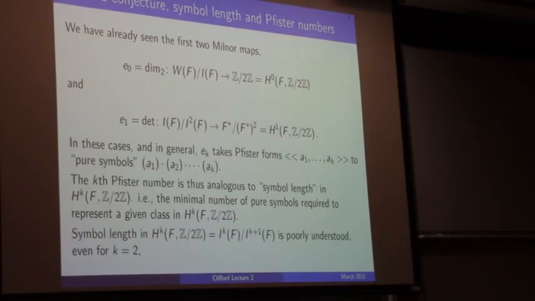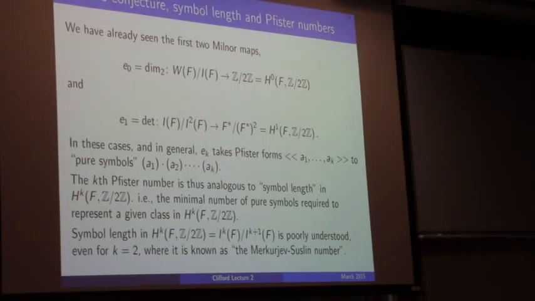So symbol length is poorly understood, and to give you an example of how poorly, even for k equals 2, I had a very simple bound before of n minus 2, where n was the dimension. But here, it's called the Merkurjev-Suslin number. So if you have a central simple algebra, say of index a power of 2, then the Merkurjev-Suslin theorem tells us that it is Brauer equivalent to a product of cyclic algebras.